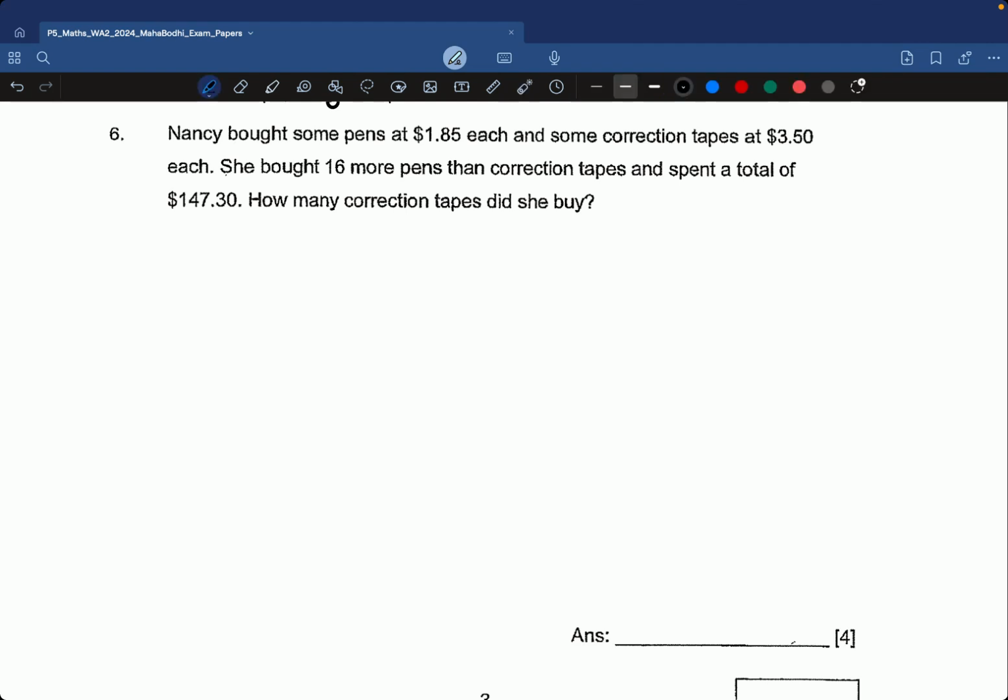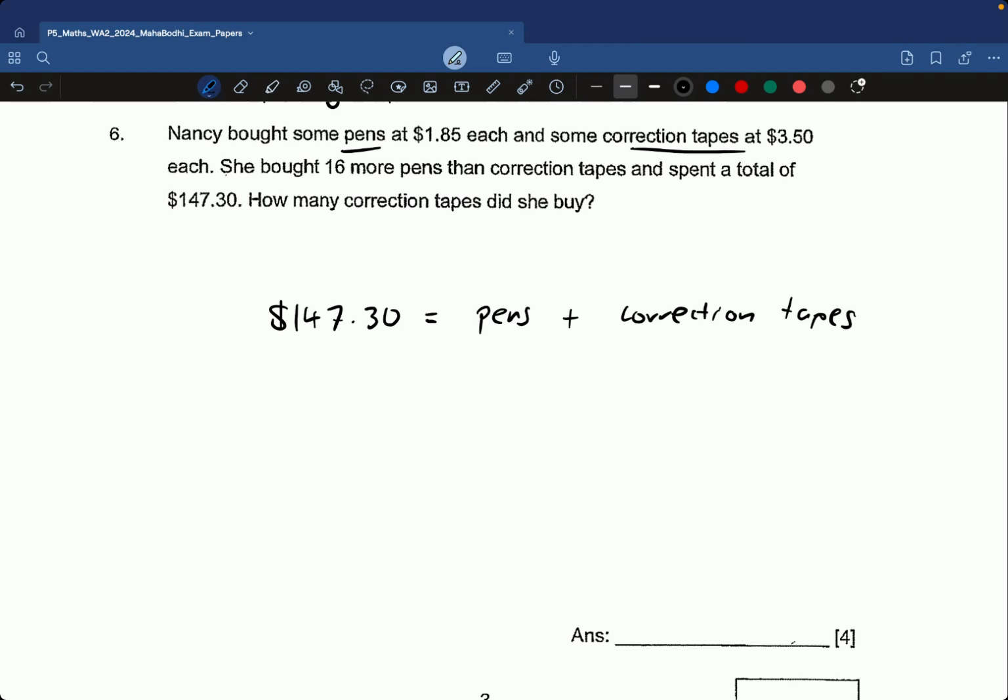So $147.30 is equal to pens plus correction tapes. Pretty straightforward, right? So let's break this down.